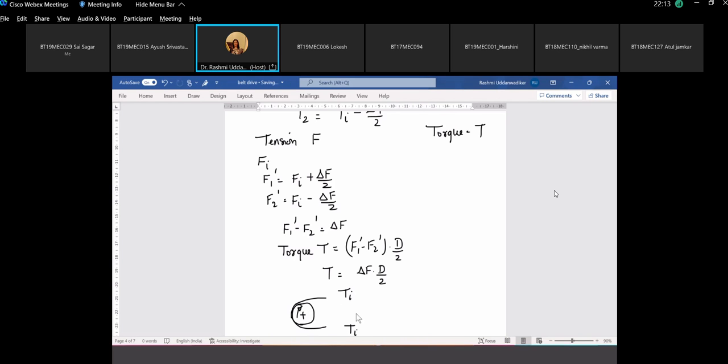If this is rotating in the clockwise direction, this del T, the gradual increase in the tension, is because of stretching on one side and compression on the other side. So it is an extension on this side of the belt and compression on the other side of the belt, that this tension changes by minus del T by 2.